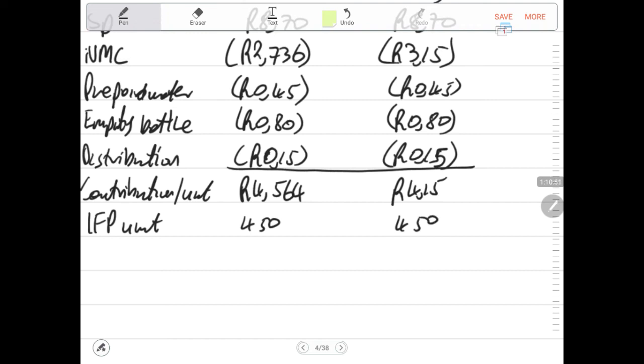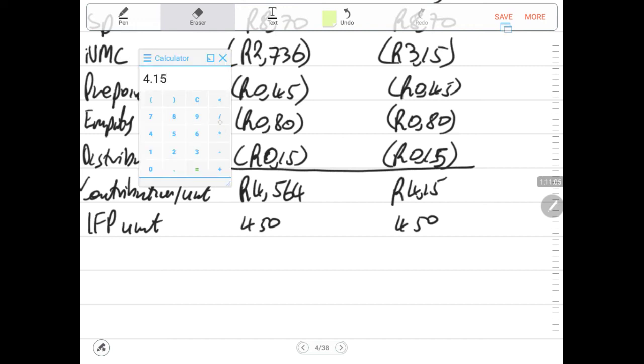If this was per liter, then we'd have to divide by 1000 after 450. So 4.15 divided by 450 gives us 0.009.